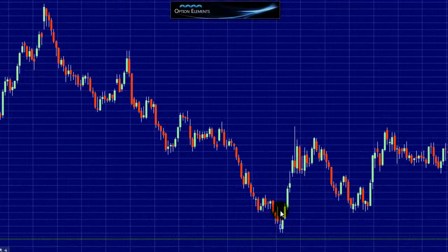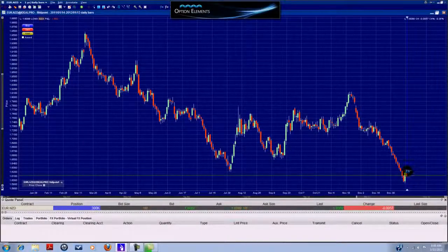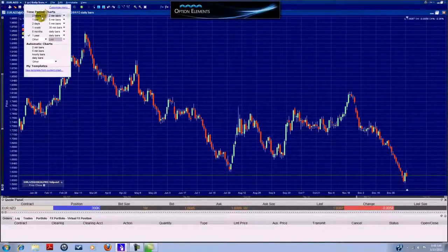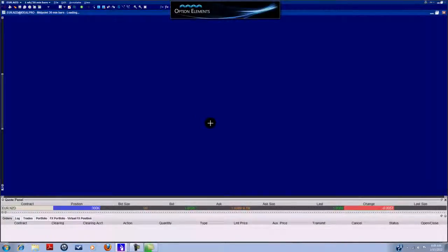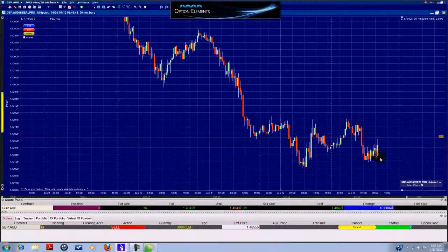So, the real key for this type of reversal is that we get back above today's high at some point soon. So we shall see. At the moment, it's looking a little weak for that case today. Well, look at that. We got close.